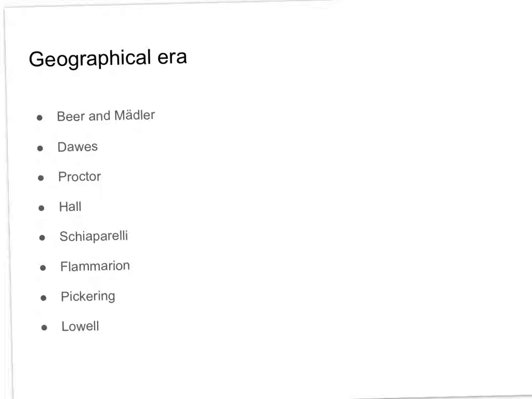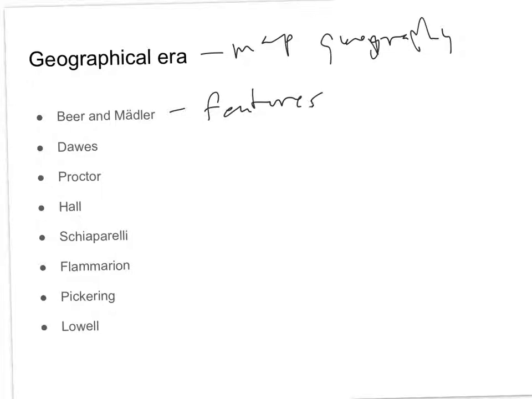So then there's this period where we are trying to map the geography of Mars. And here we have names like Beer and Madler. Features actually are constant.